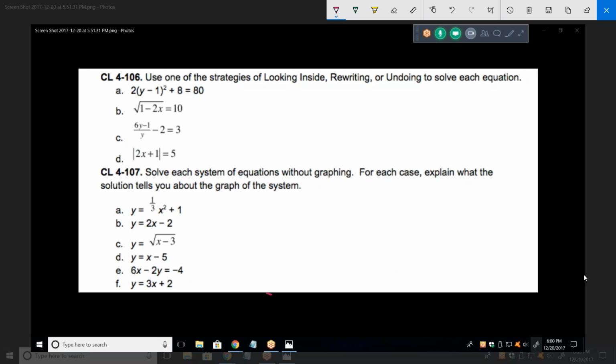Okay, let's complete the square. Let me do this first of all. Let me get it to this point, because I'm never using any method that doesn't do this as your first two steps, which is to subtract 8 and divide by 2.